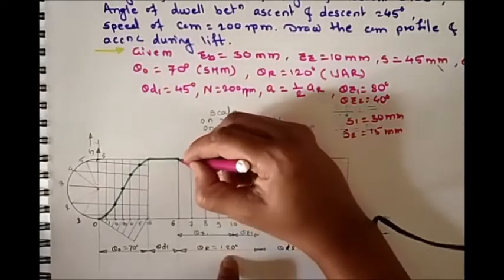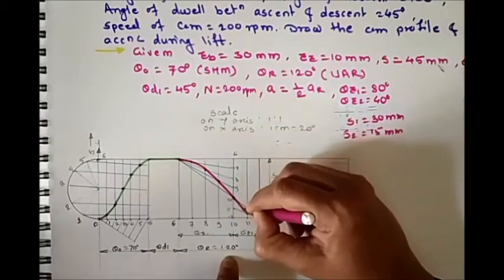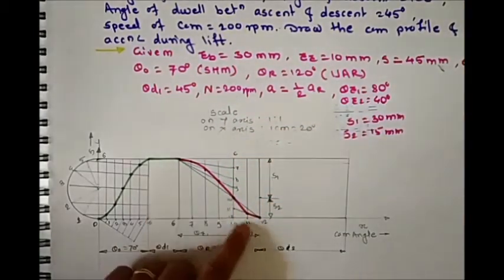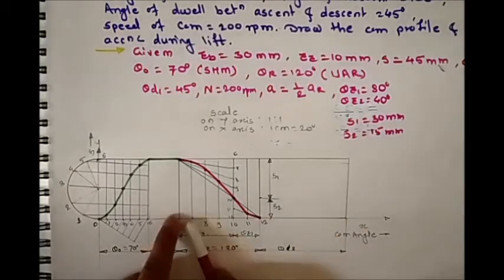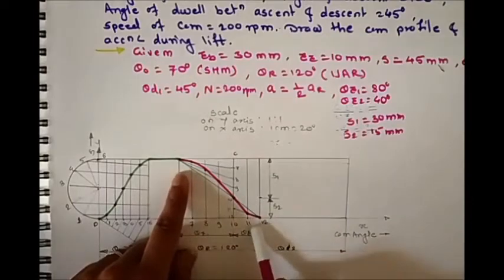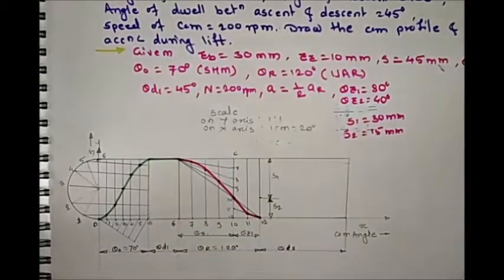So again join these points with a smooth curve and you get the curve for uniform acceleration and retardation during the return stroke when acceleration is half of retardation. So as you can see, the acceleration is 1/2 of retardation, means retardation is double the acceleration.